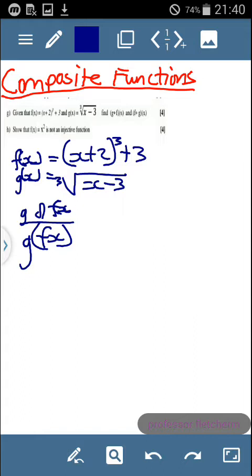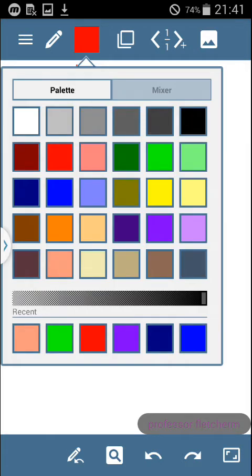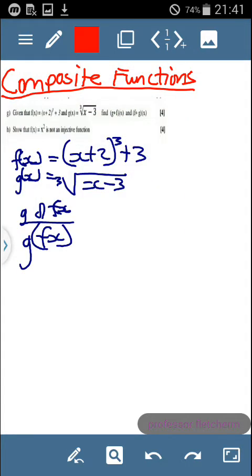So let me explain what we really want to do. For readability's sake, what we are saying is that we have a function g of x. This is our g of x.